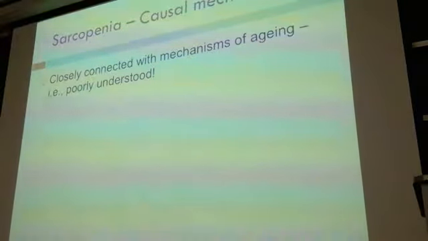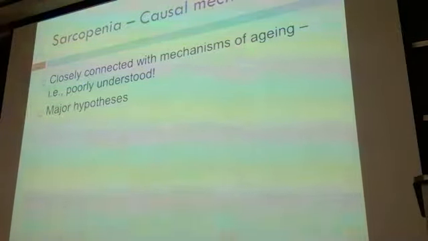So what are the causal mechanisms? Here we get into a little bit of a black box, although there are some mechanisms that we should be aware of. As we just discussed, this is really a condition that goes hand in hand with aging, and aging itself is not well understood. If we get a better idea of what causes aging, we'll probably be able to understand more about sarcopenia.